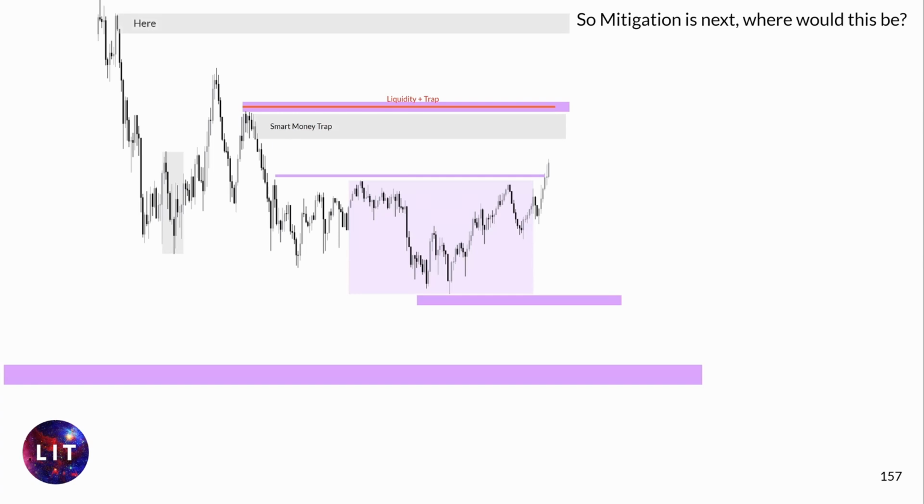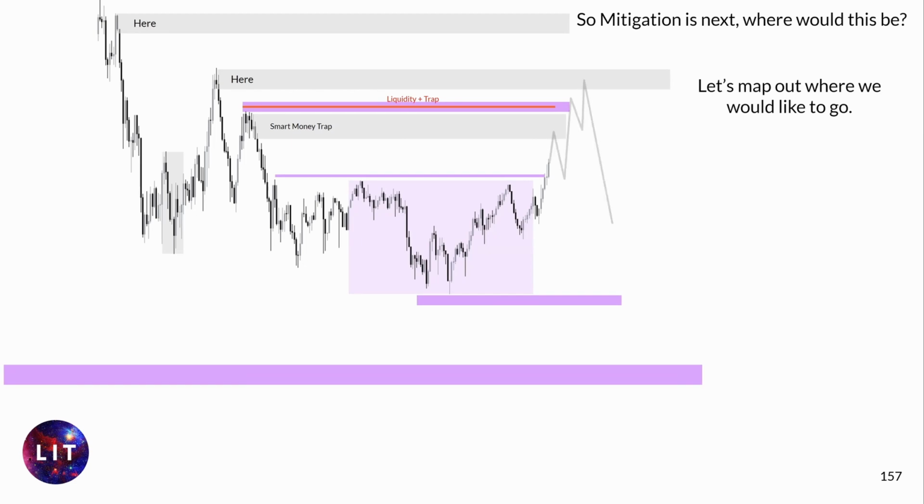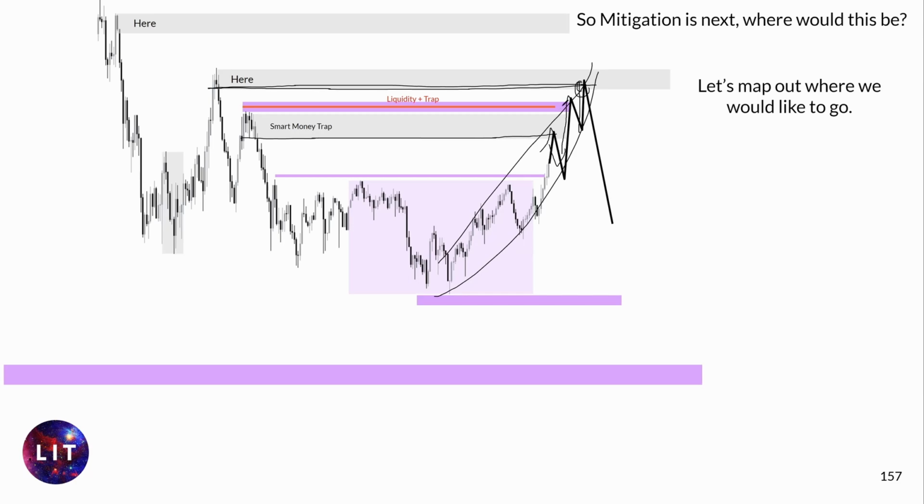So what we can do immediately is mark up the next mitigation area after the internal inducement, and it can look something like that. We're having a smart money trap in here, faking the reaction, then getting an inducement, staying short of the mitigation, then making a new push into the final mitigation, which completes the daily cycle, right? And of course mitigates the significant areas, and then we can look for more downside in here.